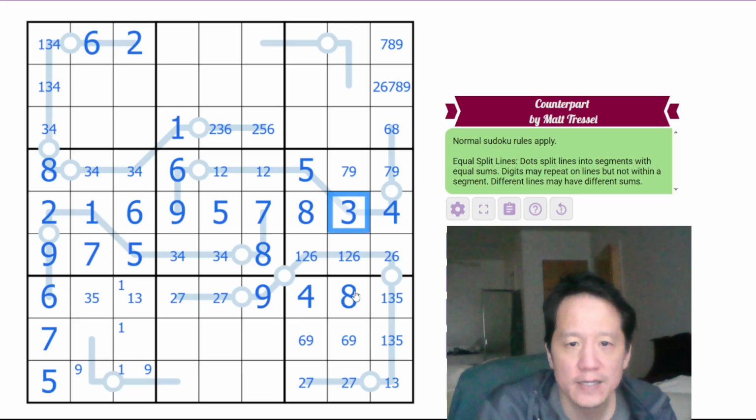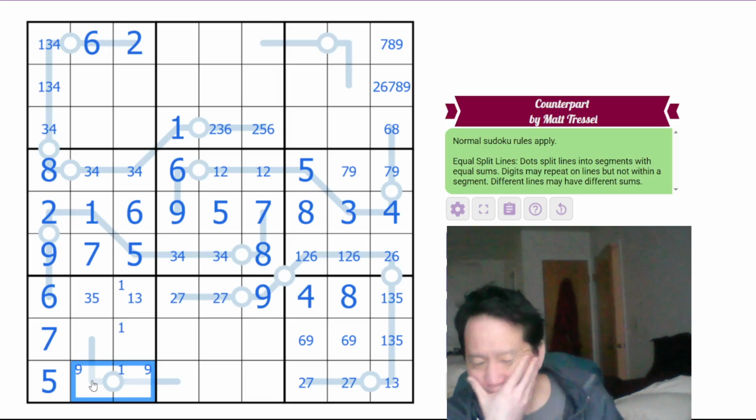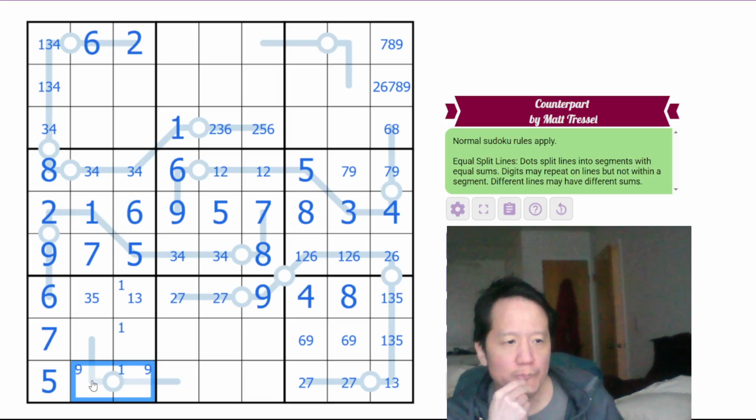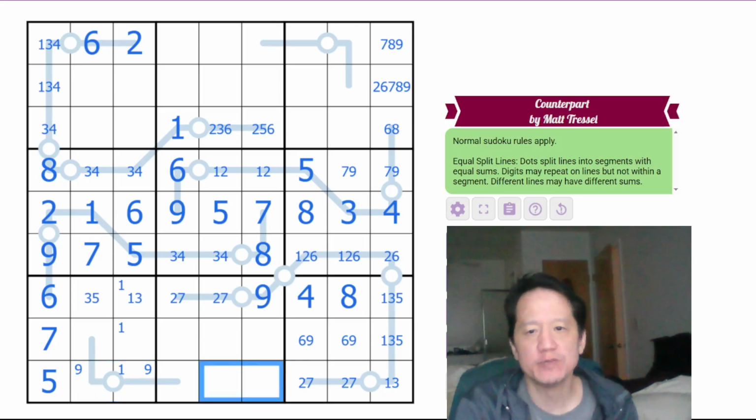Okay, 8 has to be here. 8 is one of those 3. 2, 7. One of these is 9. One of these two must be a 6.